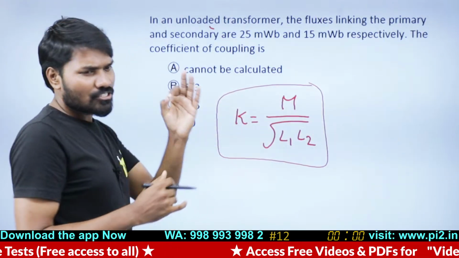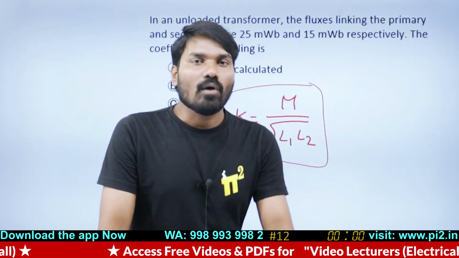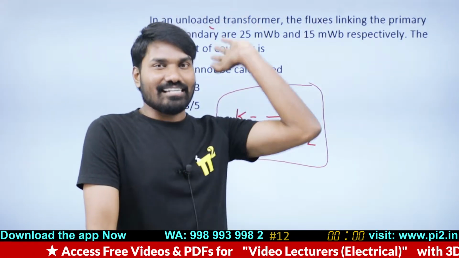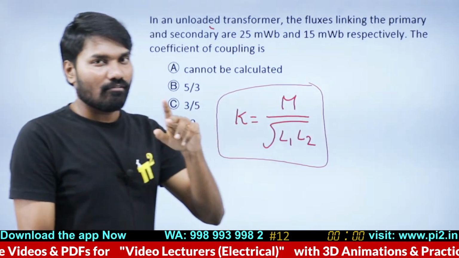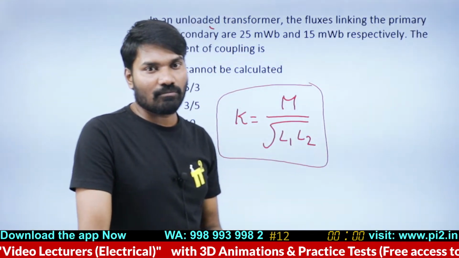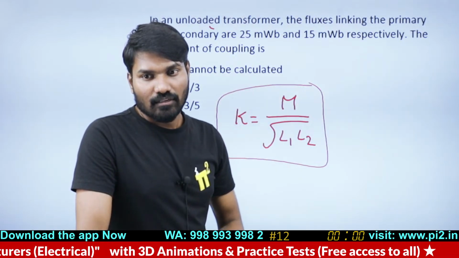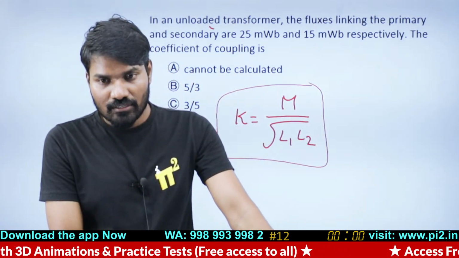What is the amount of flux in this case which is linking both the windings? How much is the flux? Come on, guys. M by primary flux, you're saying, Sindhusha.